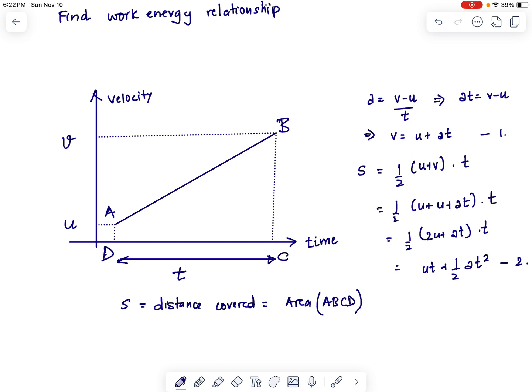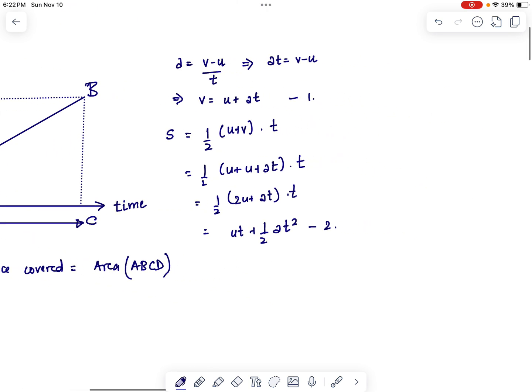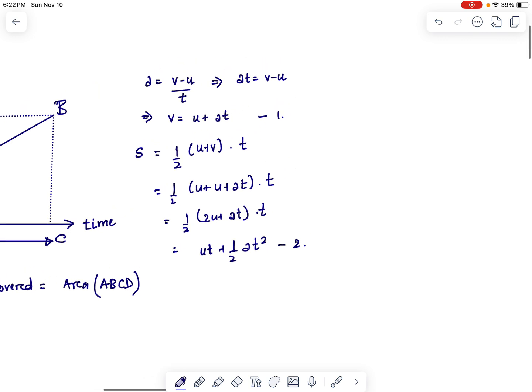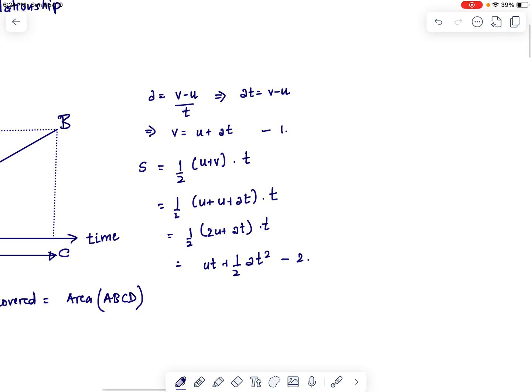Now we want to find the third equation. What we can see here is that the time taken can be rewritten from here as t equals (v minus u) divided by a.